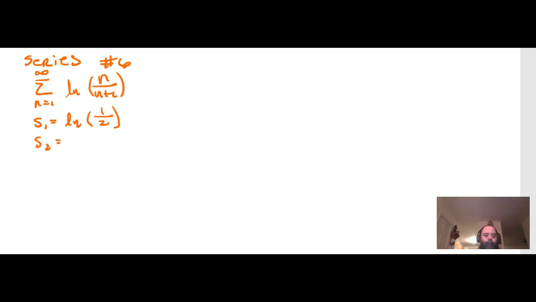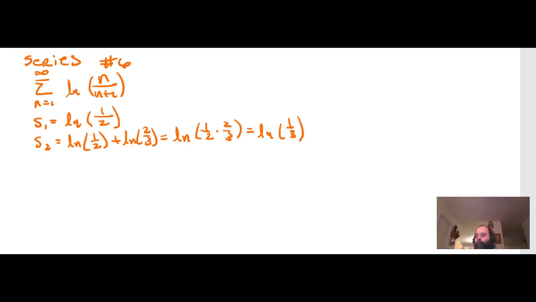The second partial sum is going to be the first partial sum, the natural log of 1/2, plus the natural log of 2/3. So using the laws of logarithms, that reduces to the natural log of 1/2 times 2/3, which is the natural log of 1/3, okay?